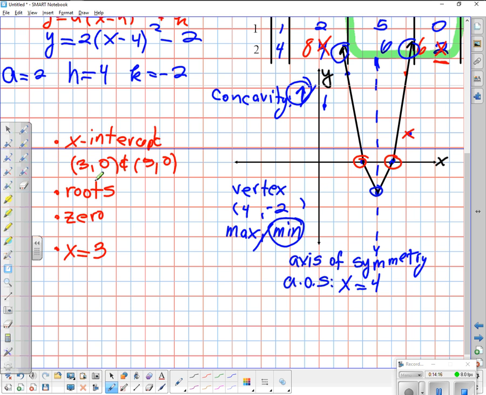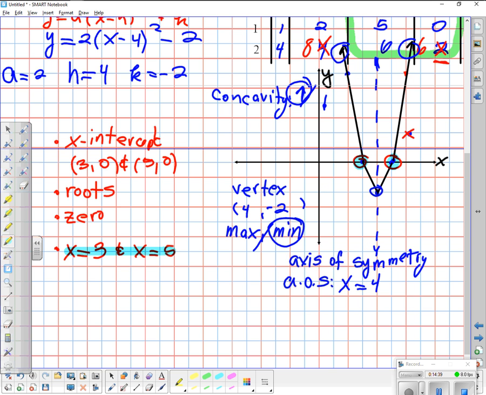And the second answer you're going to get is that x is equal to 5. Okay. So in a way, these are the solutions. Like I told you, if you were to complete the square or use the quadratic formula, you're going to get the same answer. Okay.